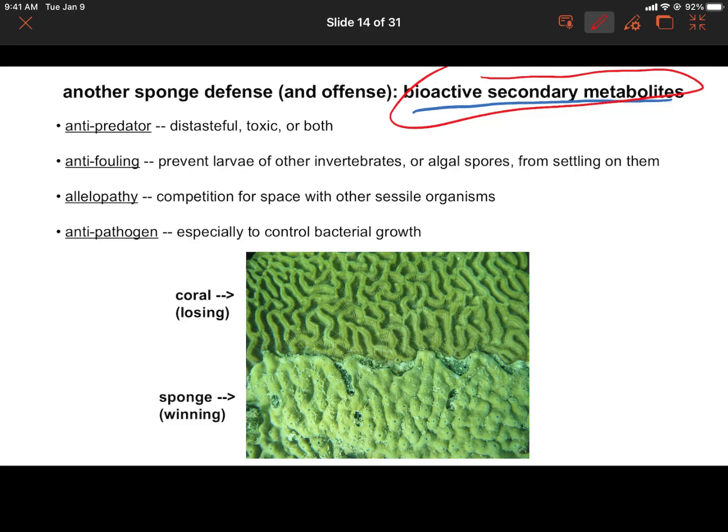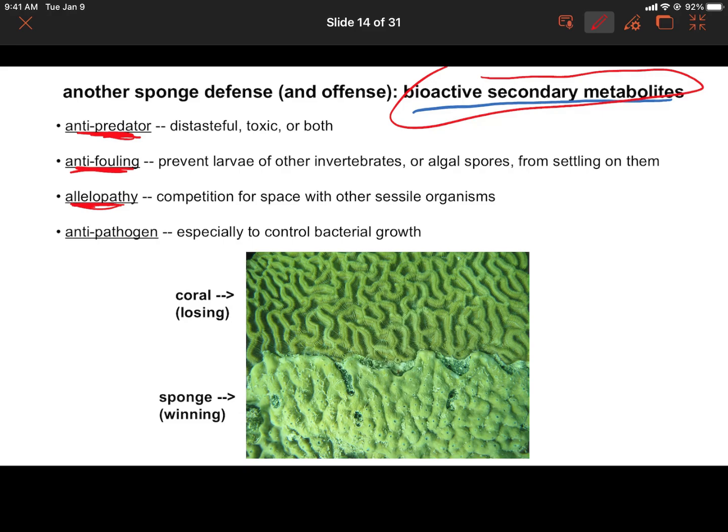And they use those for a whole bunch of different purposes. So some of them are anti-predator, some of them are anti-fouling, and what that means is that the larvae of other invertebrates or algae settle on a sponge perhaps, and then they die because of this secondary metabolite that's stored there.